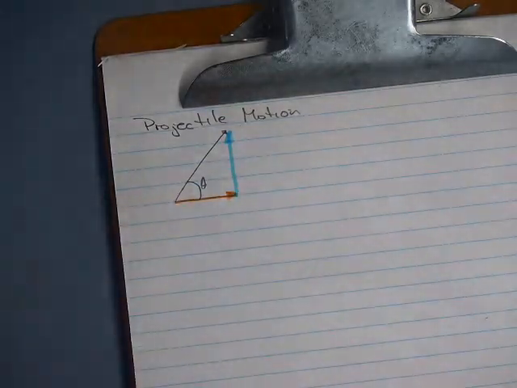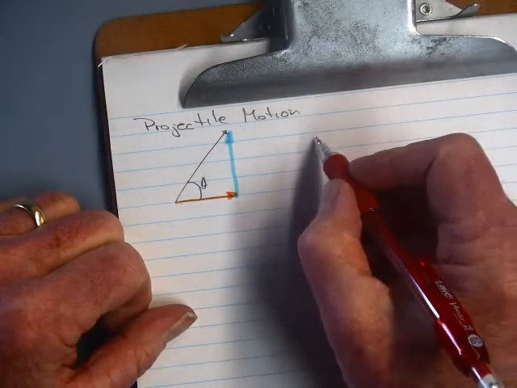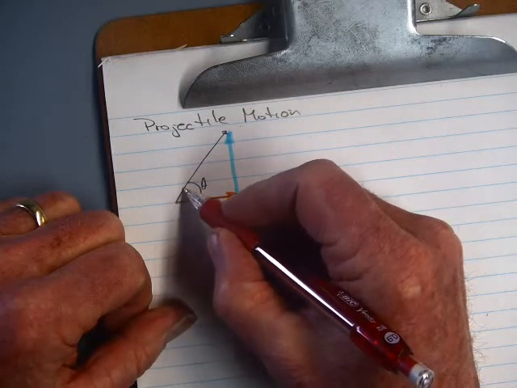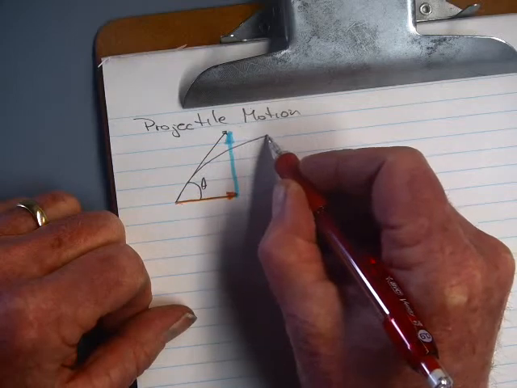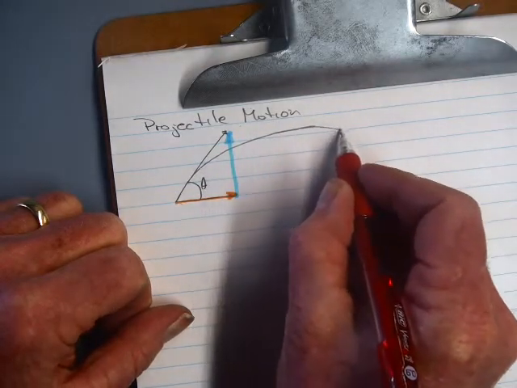So this is the angle that we're going to fire something off on. So this is projectile motion. So what this is going to look like is that it's going to start at this angle, but because of gravity, it's going to very soon start to arc.